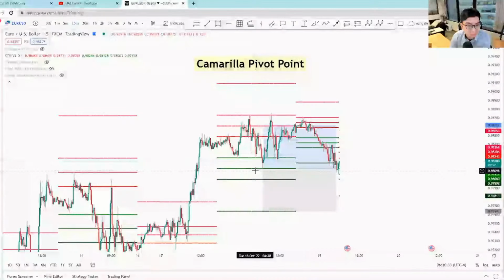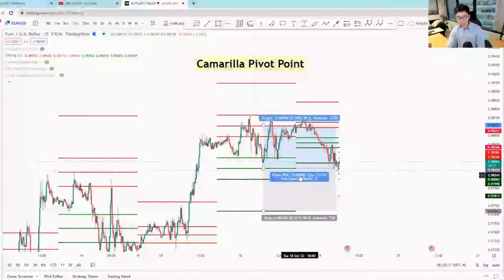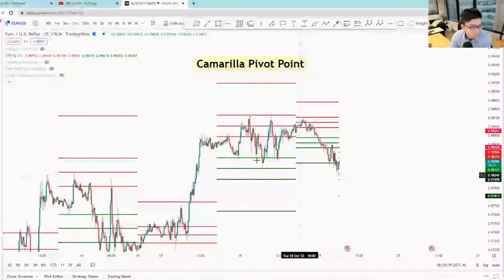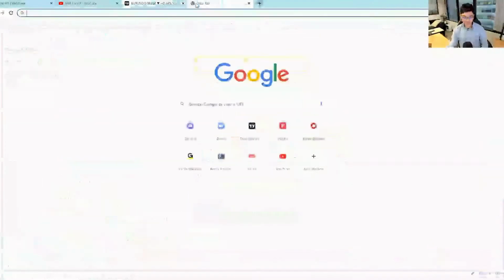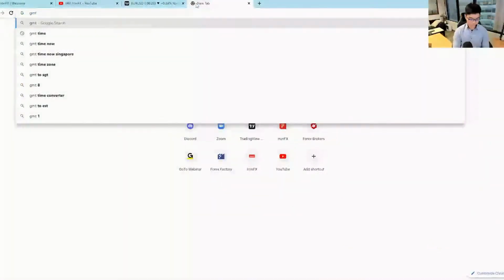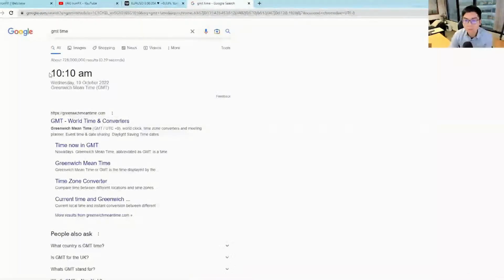Now it's 11 a.m., and the email said it will start at 10 a.m. I'm not sure about that. I think it might have been the IronFX email site issue, the GMT timing. Do you mean GMT plus 0, Stephen?